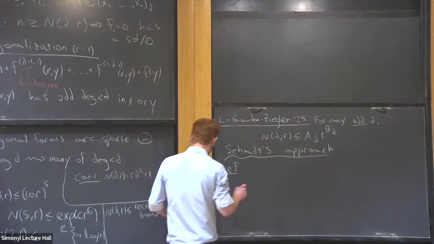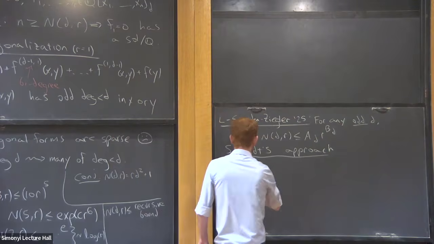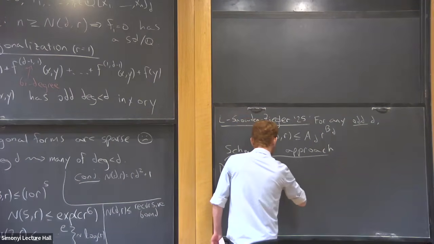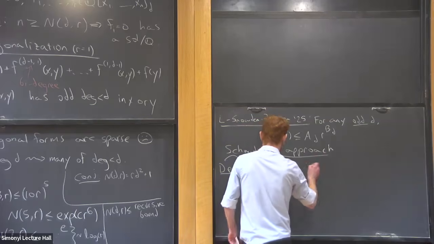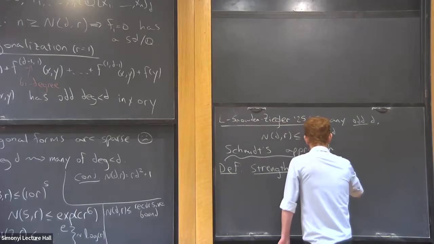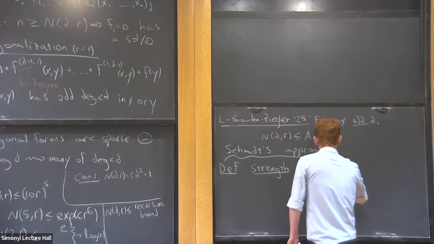Schmidt made this very powerful creative definition of the strength of a polynomial. I guess the definition is simple, but it's surprising that you're able to do so much with it.